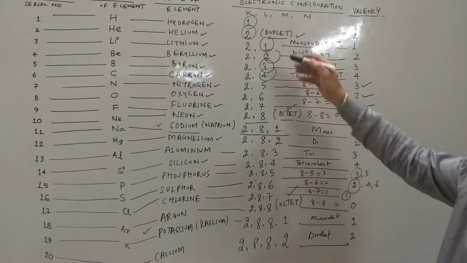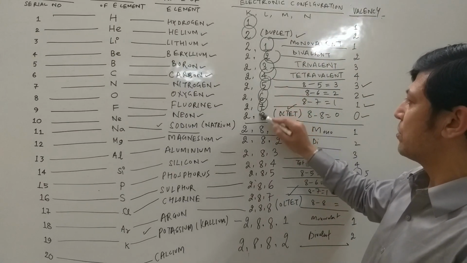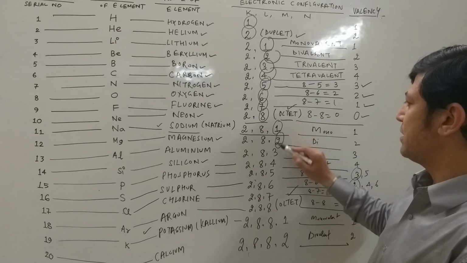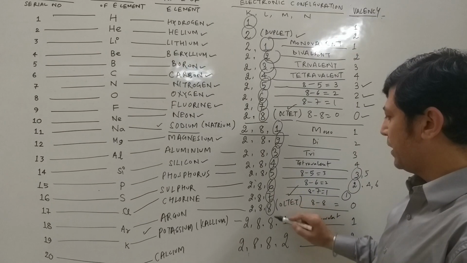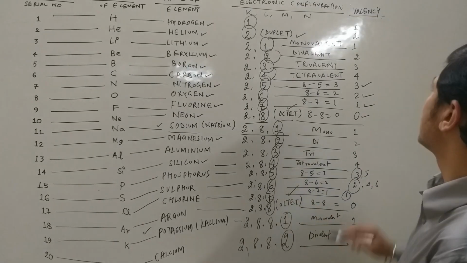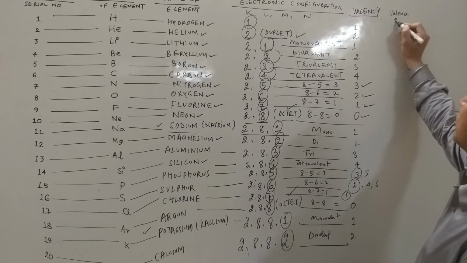So valence electrons are the electrons in the outermost shell. Actually, these are the valence electrons. Valence electrons are electrons present in the outermost shell, right? So you can make another table if you want for valence electrons.